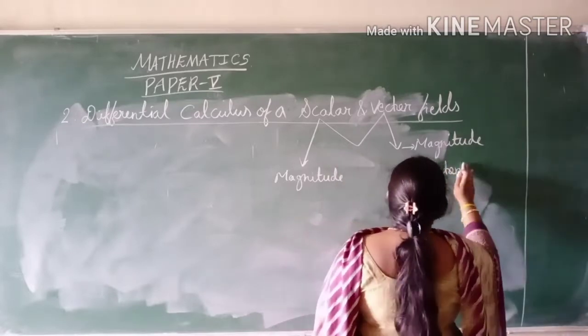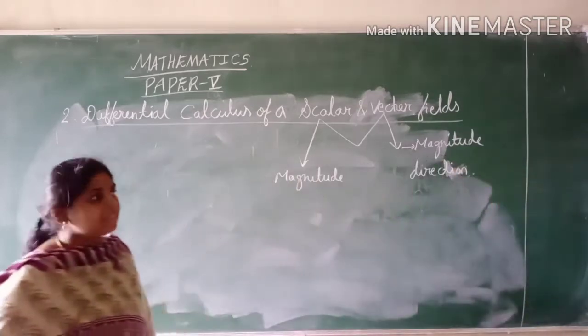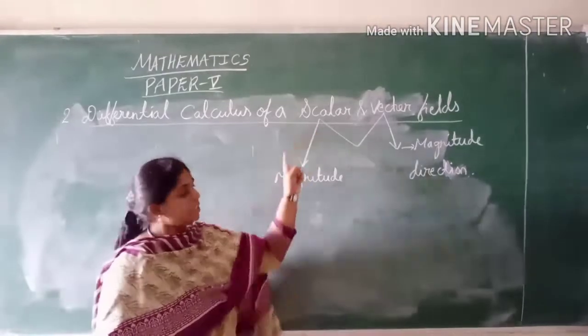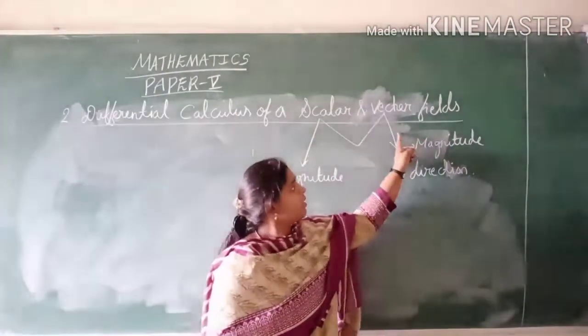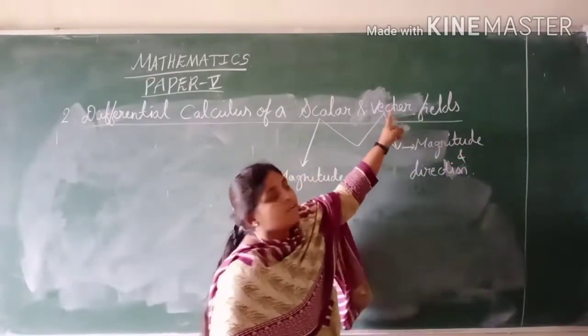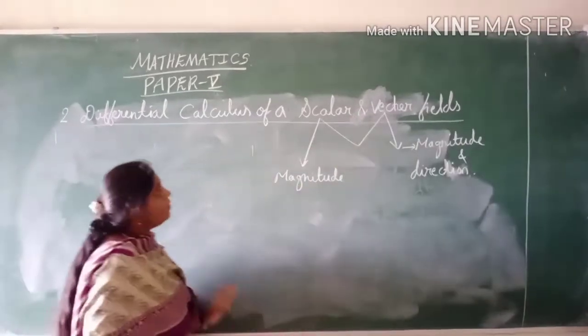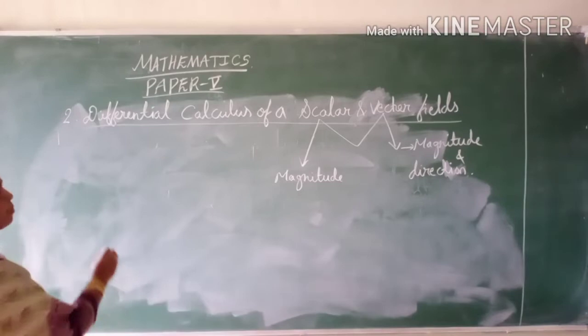This is the basic concept. What is meant by scalar? The physical quantity which has only magnitude, we call it a scalar, and the physical quantity which has magnitude and direction, we call it a vector function. Now, we need the definition of the scalar point function and the vector point function.